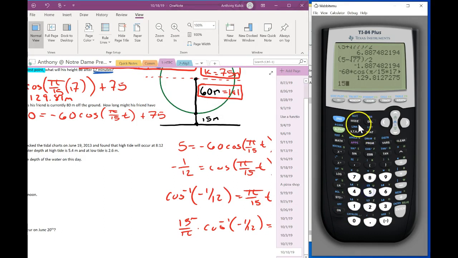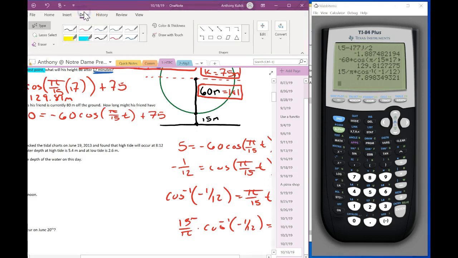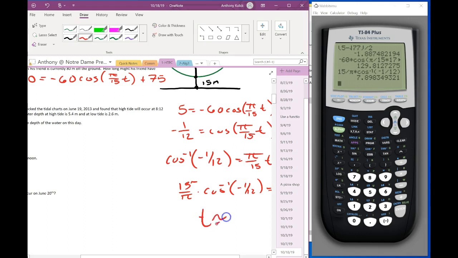So I do 15 divided by pi, divided by pi times cosine inverse, negative 1 divided by 12. So when I do that, I can say t is about 7.9 minutes.